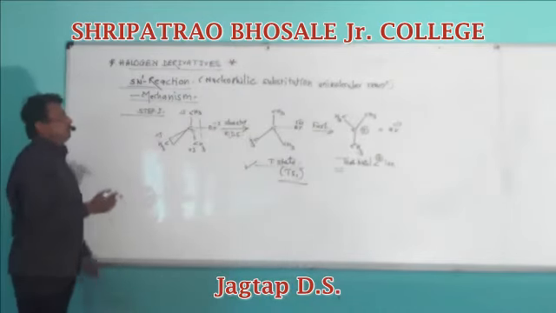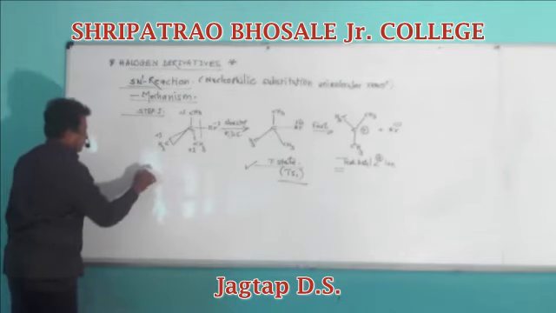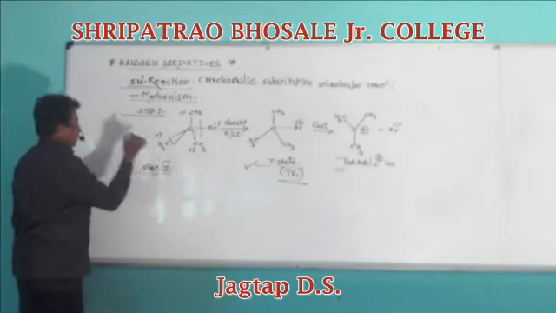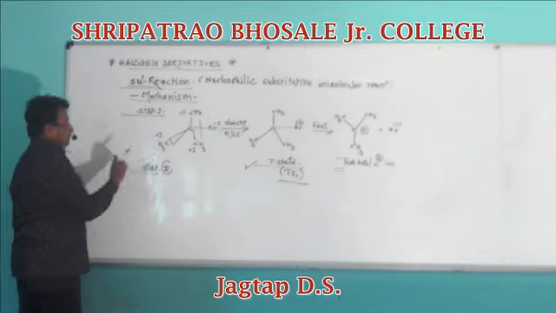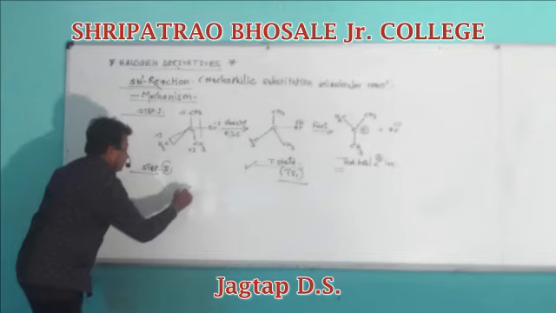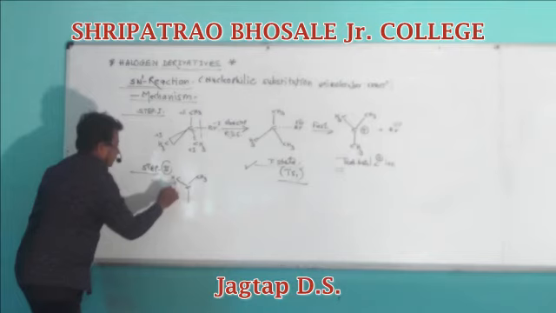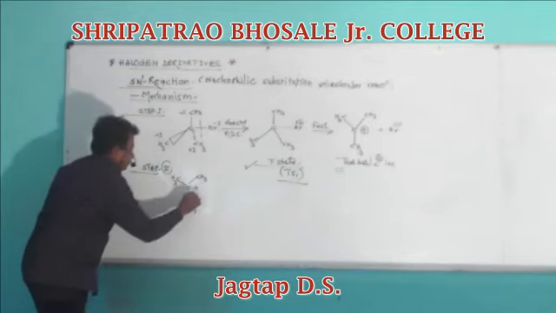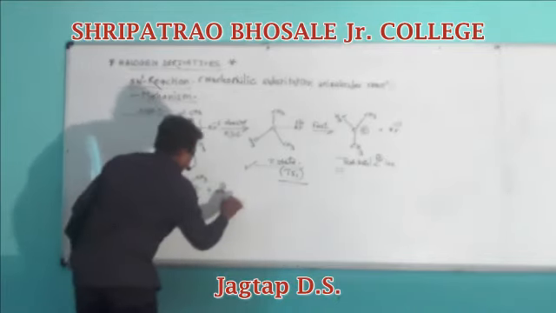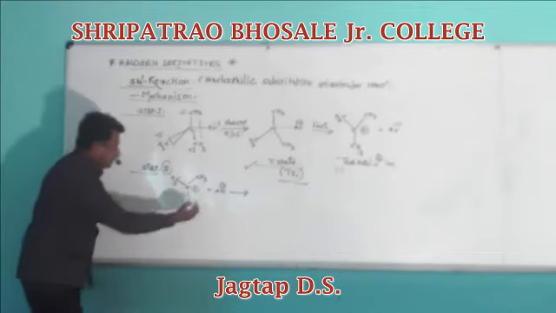Now in second step, the nucleophile, that is OH minus ion, approaches towards electron deficient tertiary carbonium ion.